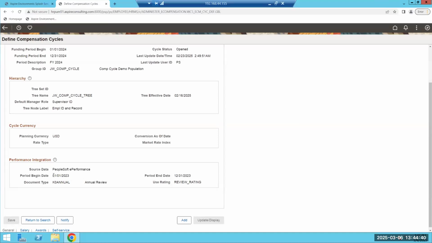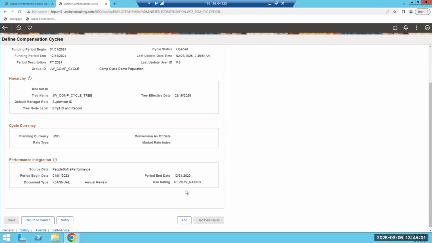these fields here. You load in the begin and end date, the document type, and what the person's rating was. So for each person, for each EMPL ID, you'd have their rating.